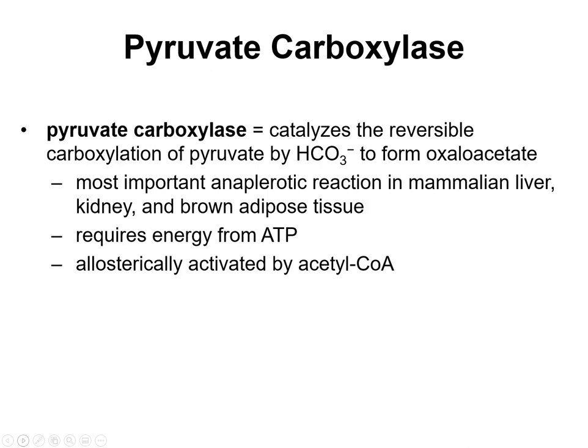So pyruvate carboxylase catalyzes the reversible carboxylation of pyruvate by bicarbonate, that's HCO3 minus, to form oxaloacetate. And this is a reaction that replenishes oxaloacetate. It could also replenish pyruvate. It requires ATP, and it is allosterically activated by acetyl-CoA. Let's think about that for a second.